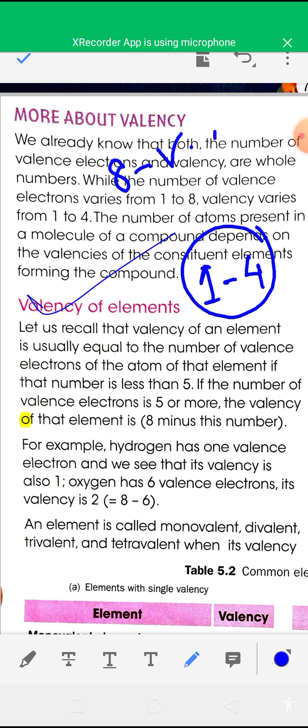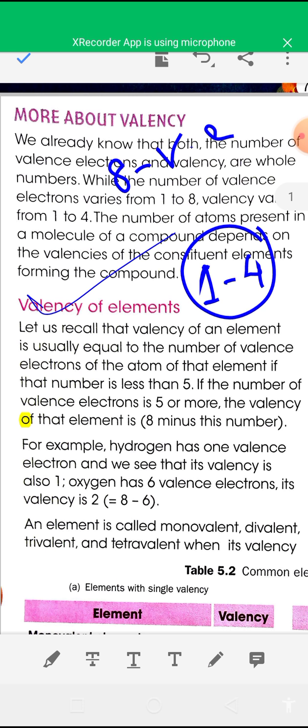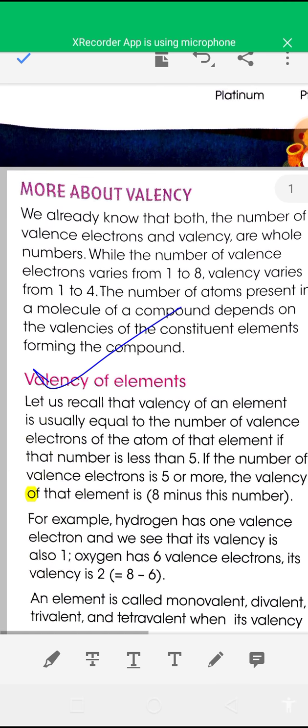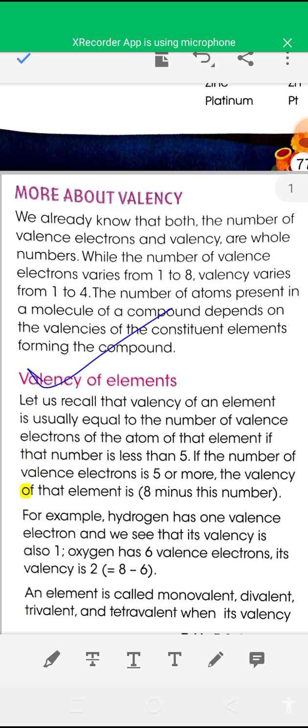Again I am repeating how to calculate valency in terms of electrons. To calculate valency in terms of electrons, first you have to know the electronic configuration of the element.